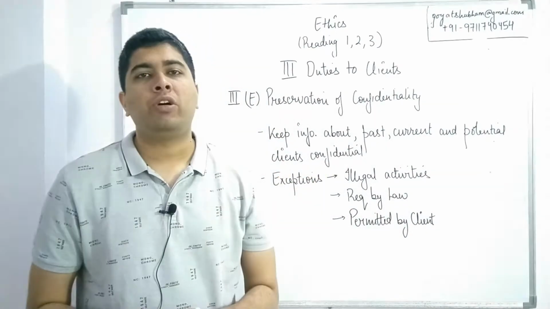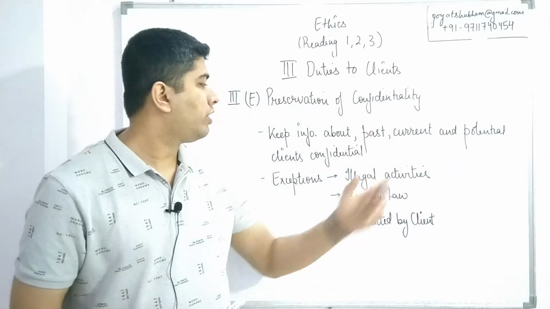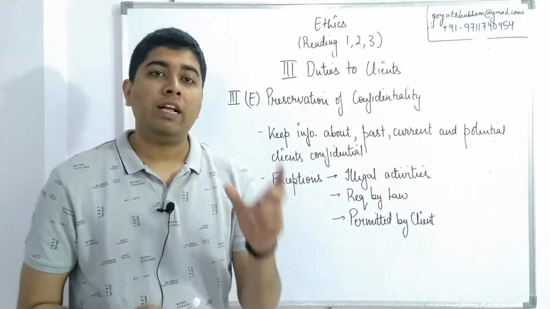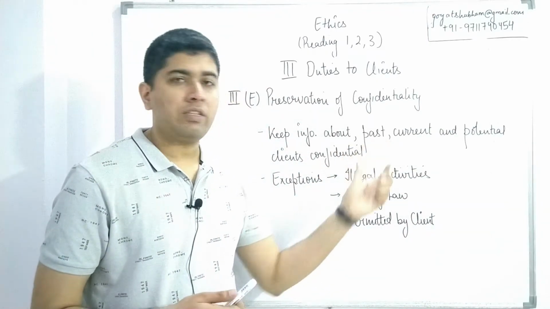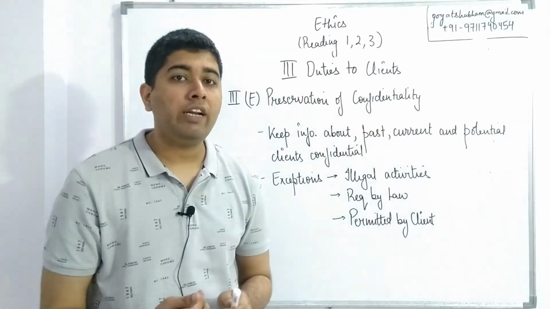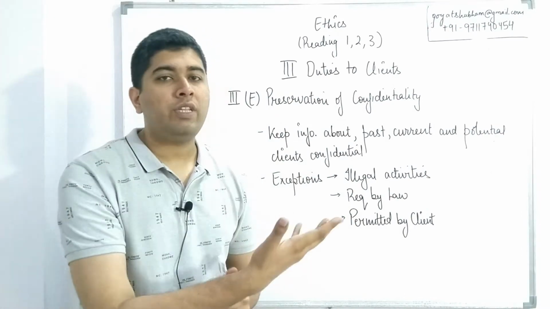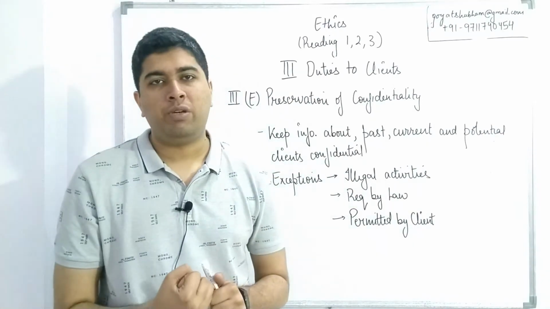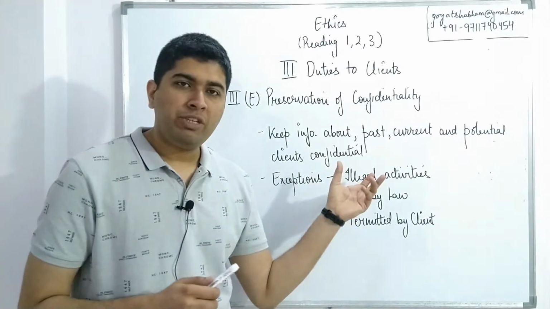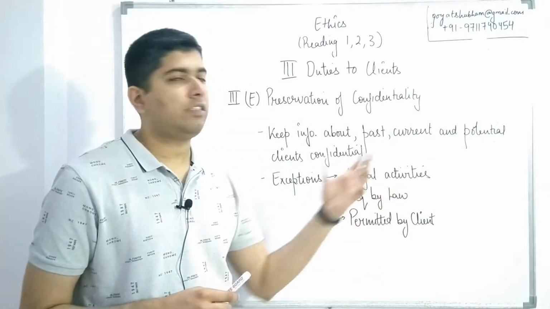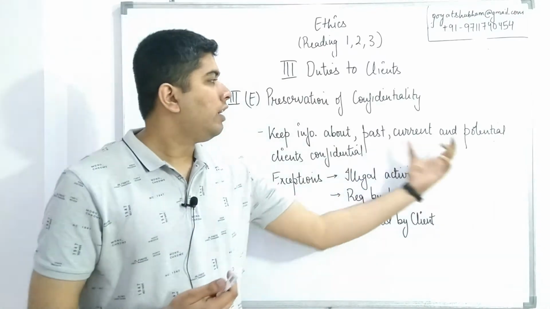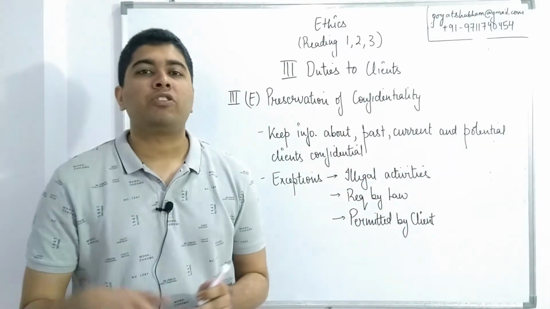So let's go over the standards. Keep information about past, current, and potential clients confidential. Mind you, over here, it is talking about past clients. So even the ones who are not currently my clients, but I've served them in the past and their information is available with me, I'm supposed to keep that information confidential as well. Current clients are obviously part of this. Also potential or prospective clients.